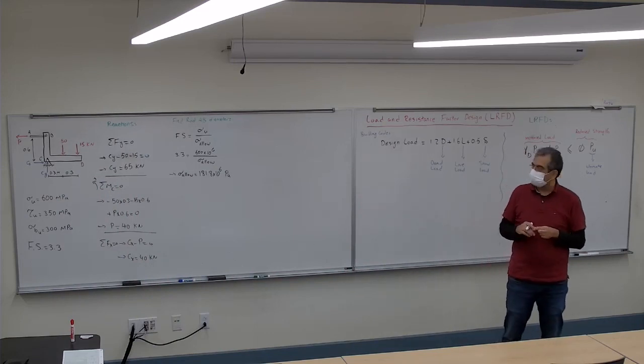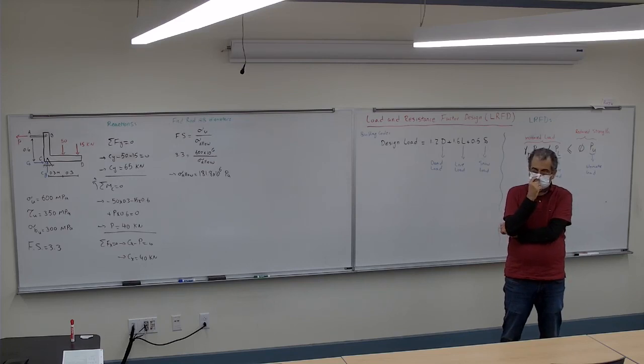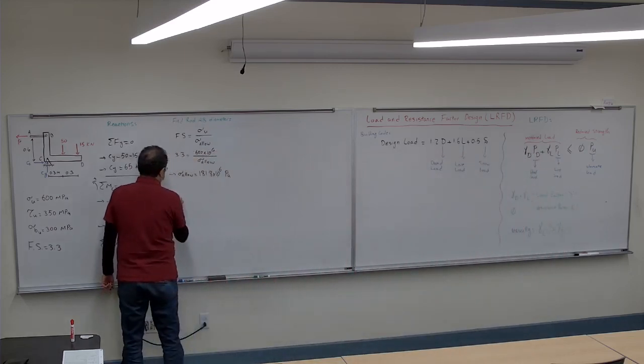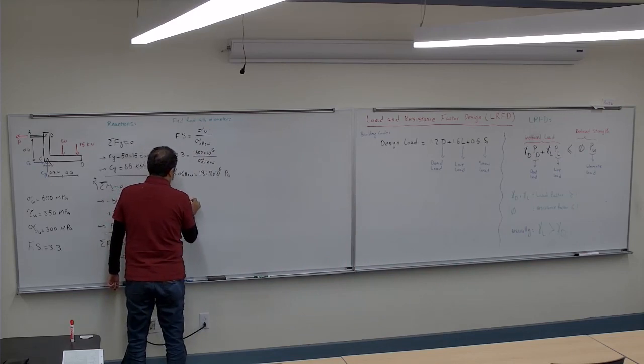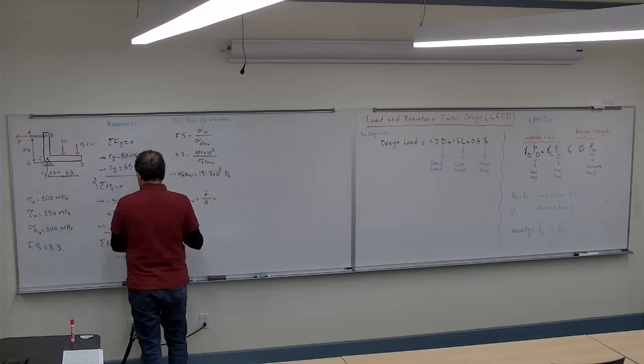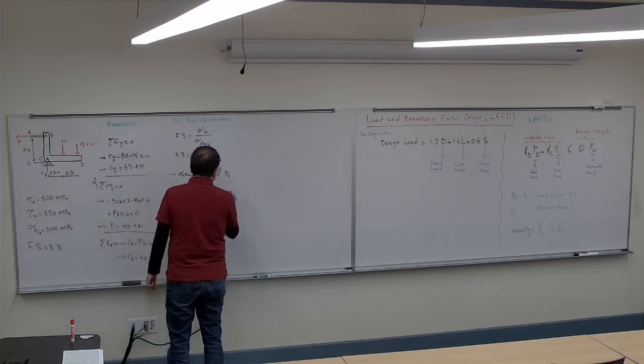Now what? We set that as our max. Sigma is the stress, which is equal to the force over area. So the sigma allowable is P over the area of AB.